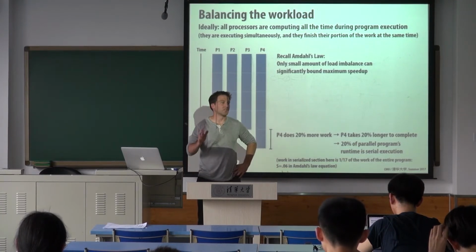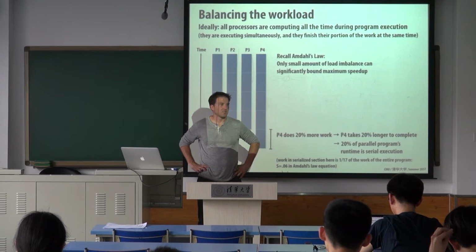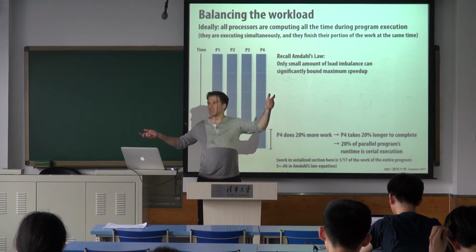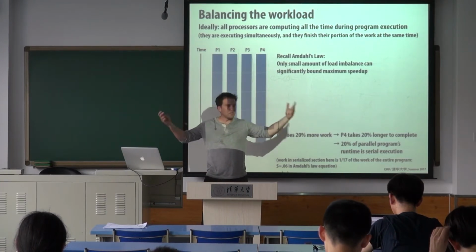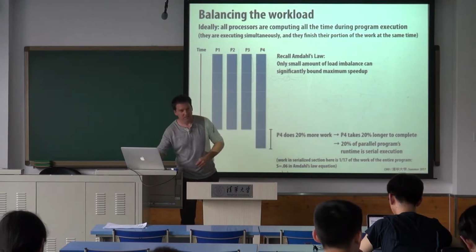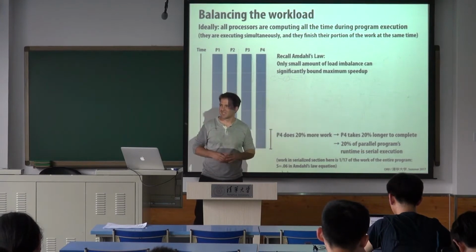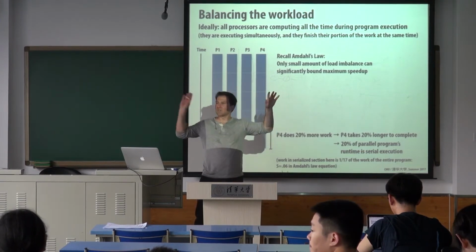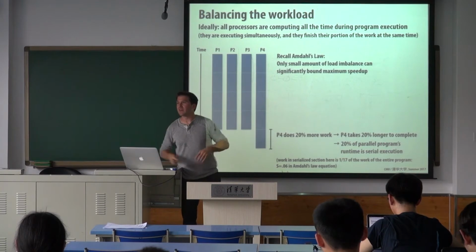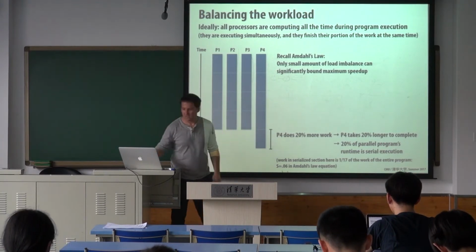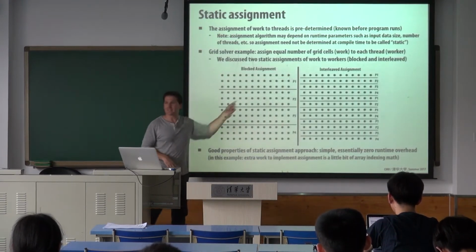How many pieces of work does every processor get? N divided by 4, right? So if I knew I had n things to do, and I had workers, all of my students are workers, I would take n divided by the number of workers, and I would give everybody that amount of work. So that's what we did last class.